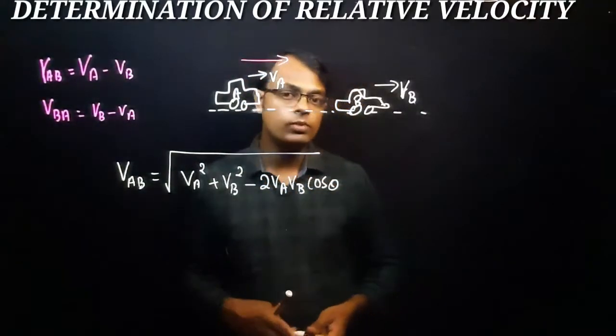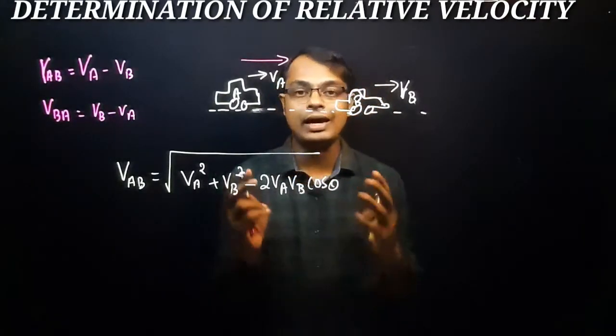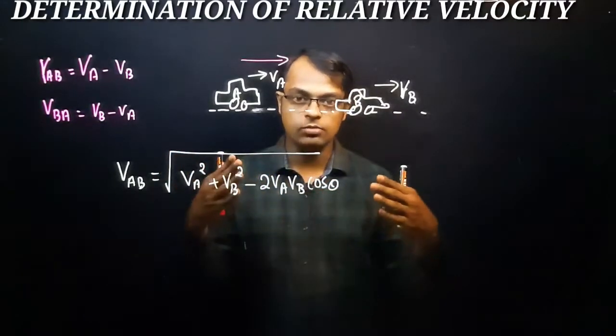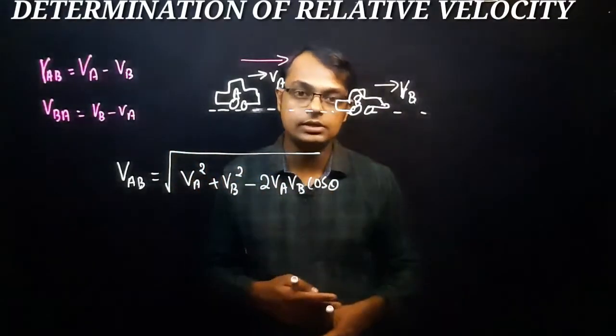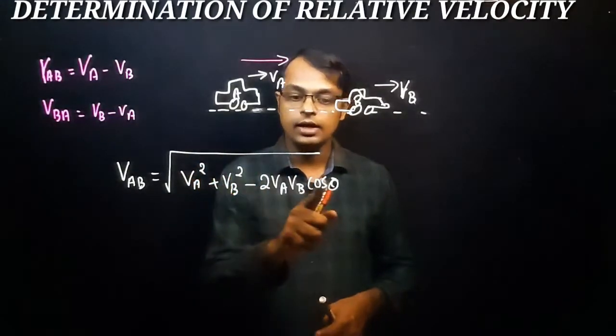This formula is used when the two velocities make an angle, for example, when the cars are traveling in different directions or making an angle with each other.